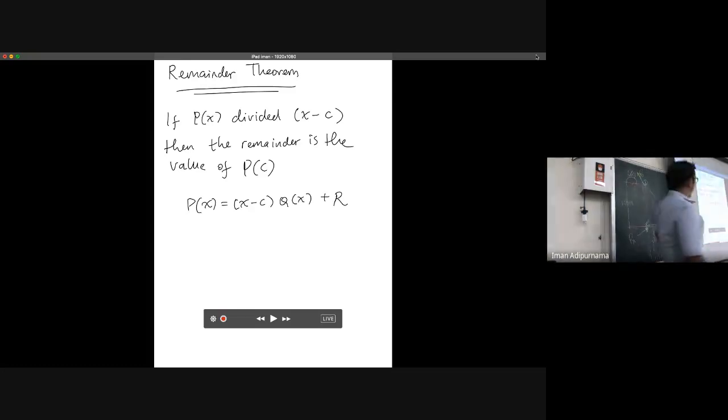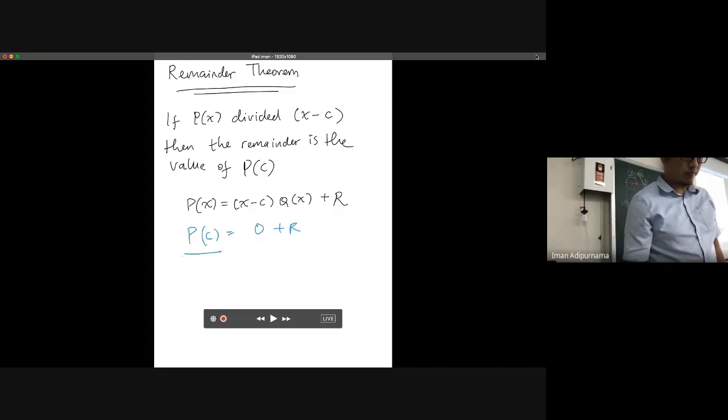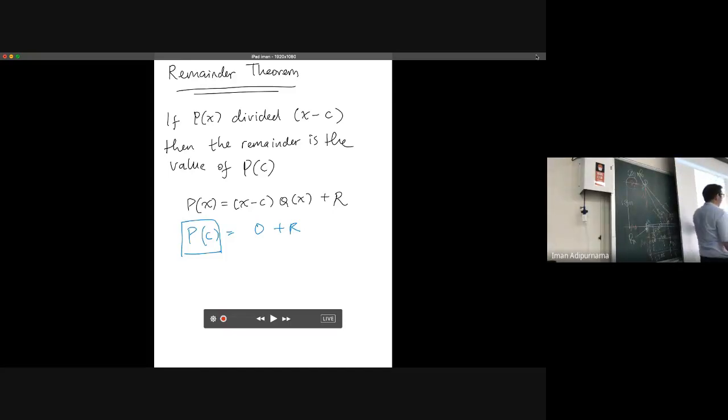You see when you plug in c, it's c minus c, so this whole part becomes 0, right? Of course this makes sense and is logical. So the value of p(c) will be the remainder.